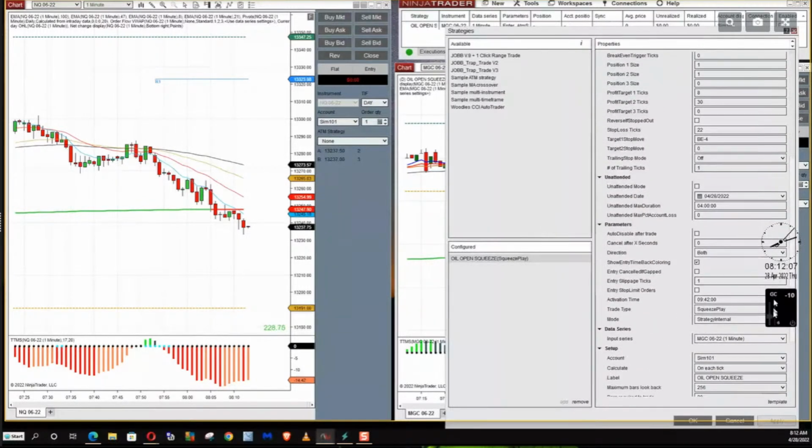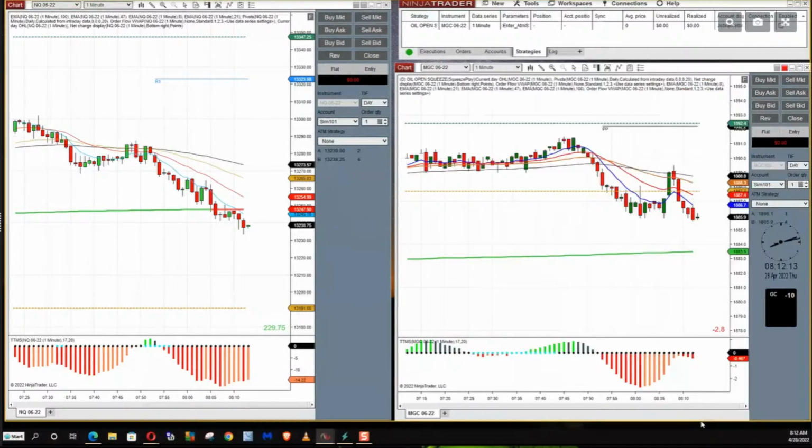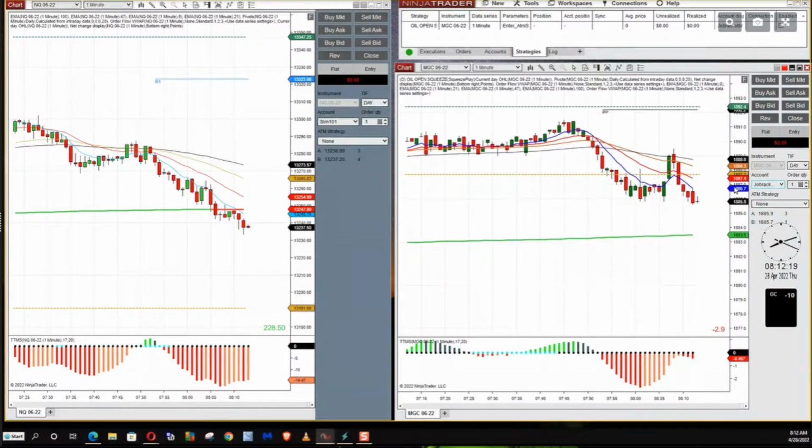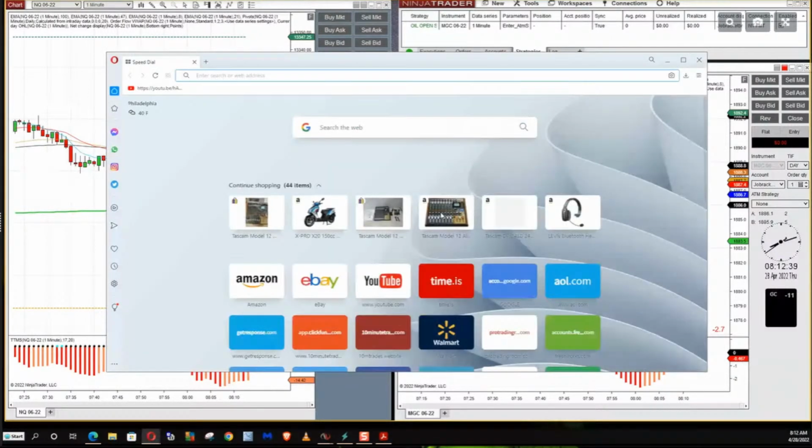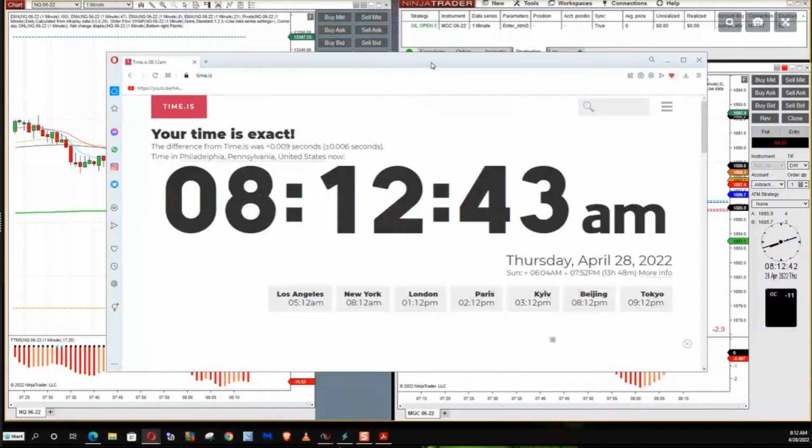And I'm willing to trade it. So that's my gold open setup. I'm going to check my time sync. And my time is in sync.